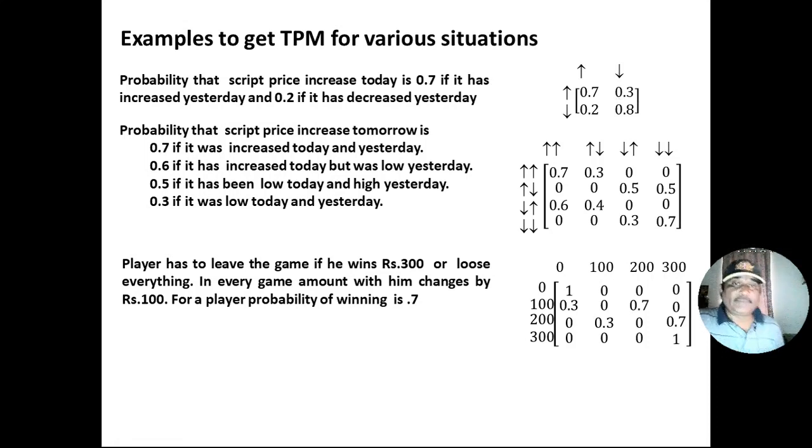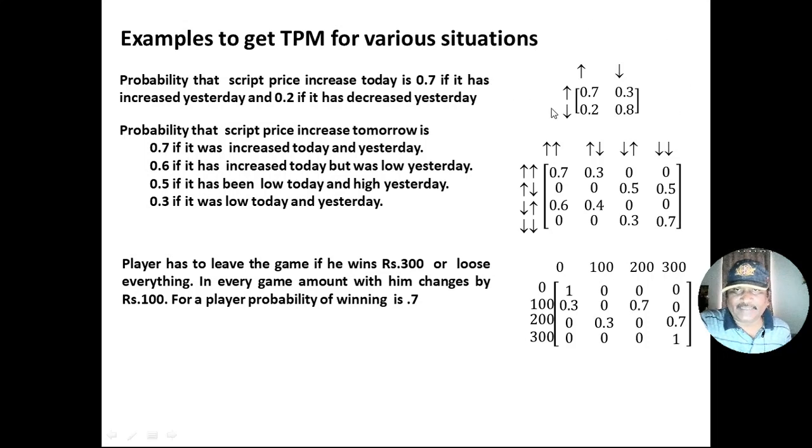Now, what happens if the share price has decreased yesterday? What is the probability that it will increase today? It is 0.2, that is given. If it has decreased yesterday, then the probability of its increasing today is 0.2. Okay, and decreasing today will be 0.8 obviously.